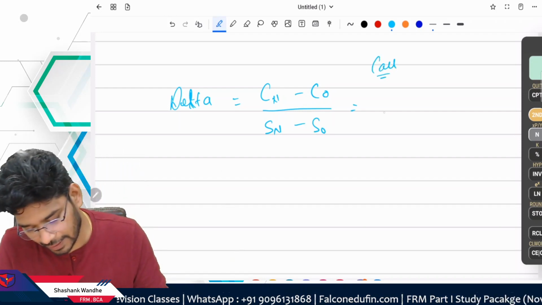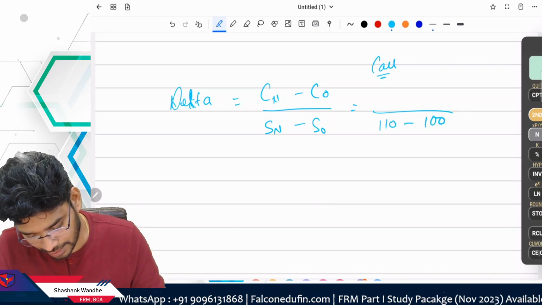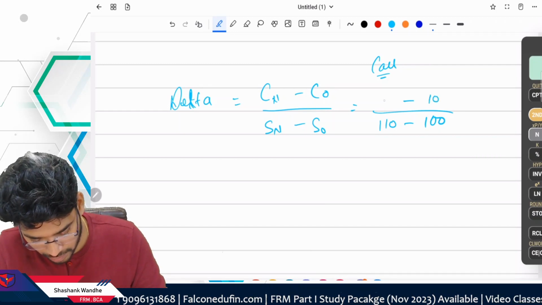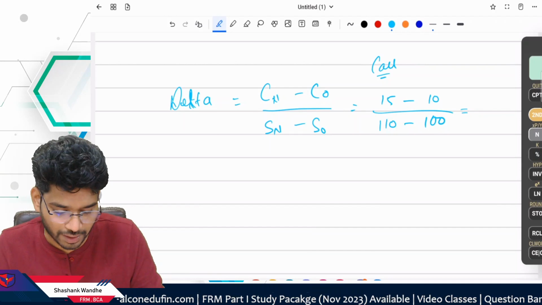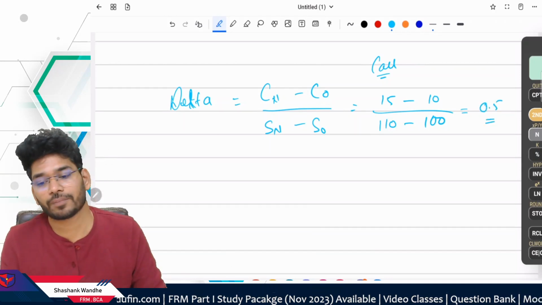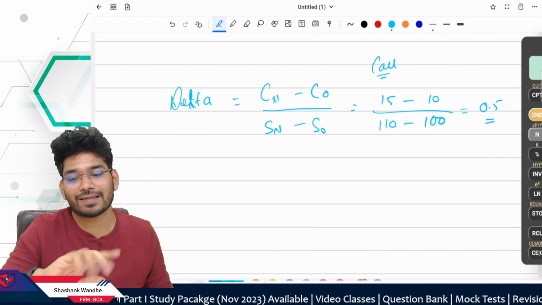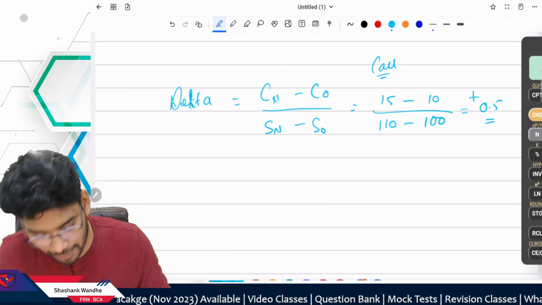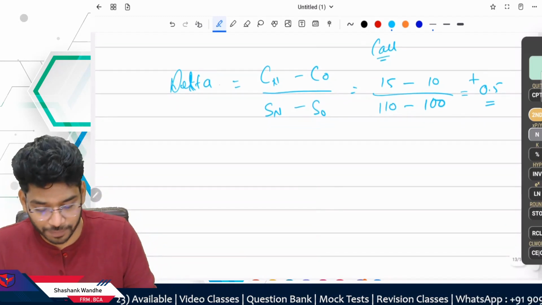If I simply assume the new price is 110 and the old price is say 100, and the option price was say 10 before and 15 now, then your delta is 0.5. So we all know for the call option, whenever the underlying price increases, the call's price will increase, and that's why you will always have delta positive for a call option.